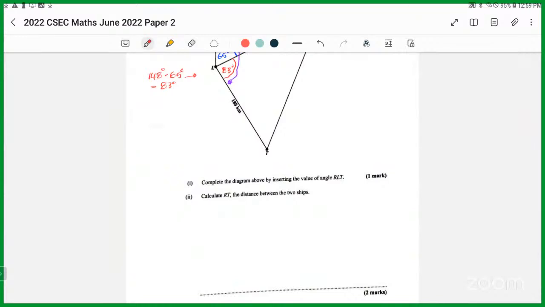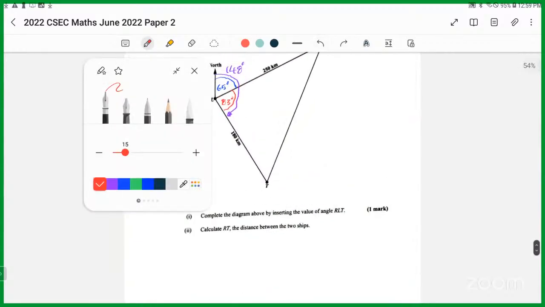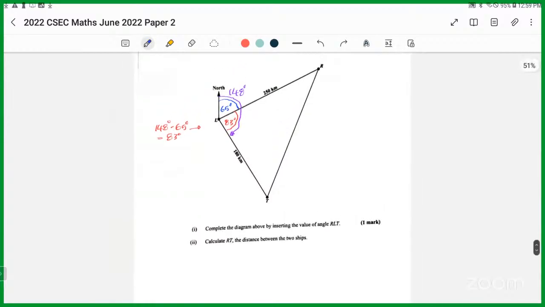It says calculate RT, the distance between the two ships. That's cosine rule. So we start like Pythagoras, as usual. This side squared, RT squared, is equal to this side squared plus this side squared: 180 squared plus 250 squared.